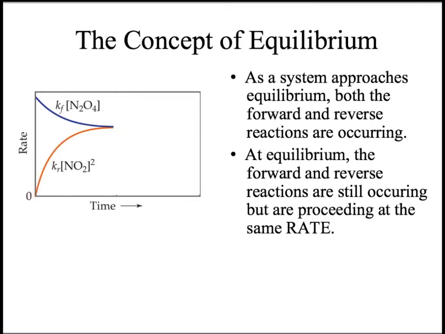The rate of the forward reaction is very fast at the beginning and then levels off. The rate of the reverse reaction starts at 0 and increases until it levels off. And that's because when you have lots of reactants, you have a higher concentration of reactants, therefore you have a faster rate. When you have no products, or small amounts of products, you have a slow rate of reaction. So that's what this particular graph is telling you.